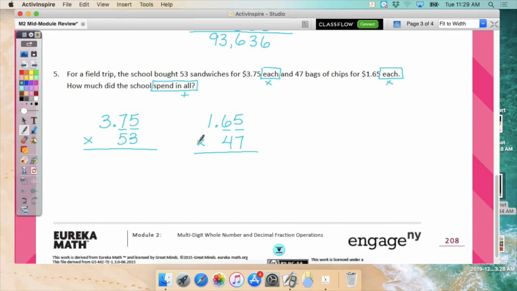Add these two totals of the sandwiches and the chips. Now here, don't get confused. When you multiply, you have to underline and count decimal place values, right? When you add, what are you going to do? Just line up the decimals. Okay, so go ahead and write that down.